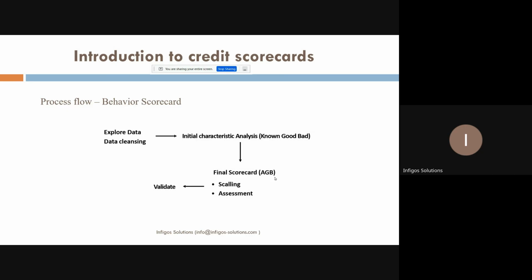Second reason, if PDO is low, then when PD changes, the probability of default changes a little bit, there will be too much jump in the points. On the other side, when PDO is high, when PD changes, it will change very little in the score. So PDO is related with the PD change.